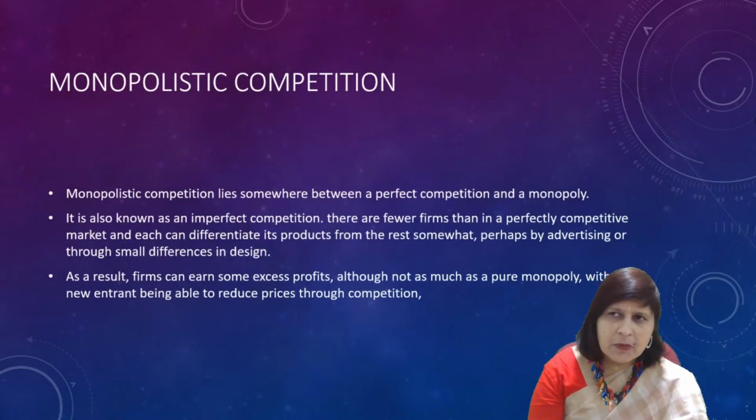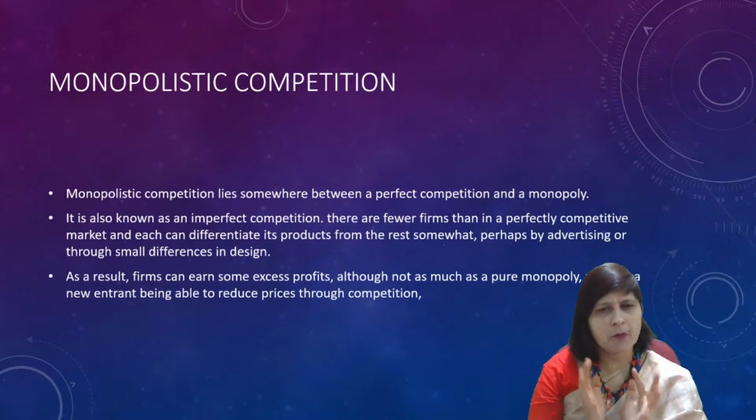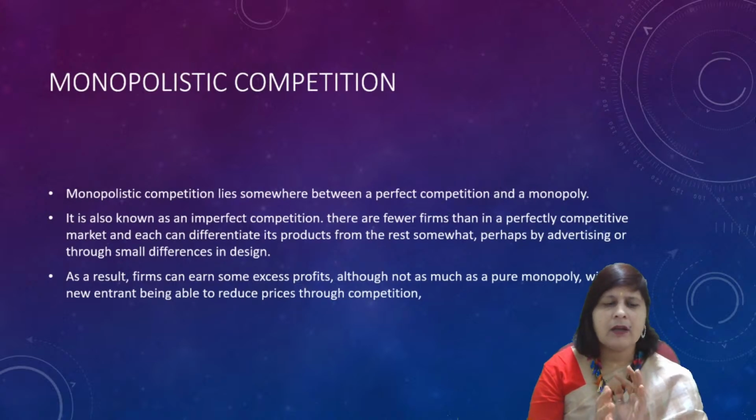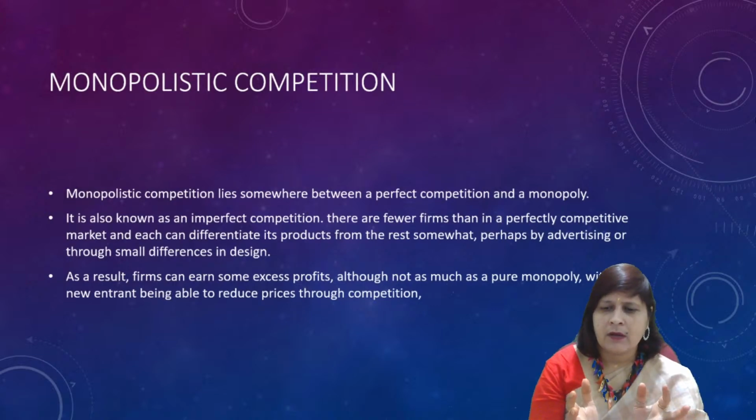So monopolistic market is in between perfect competition and monopoly. In this market, there is imperfect competition. Imperfect competition means there are fewer firms than in a perfectly competitive market.